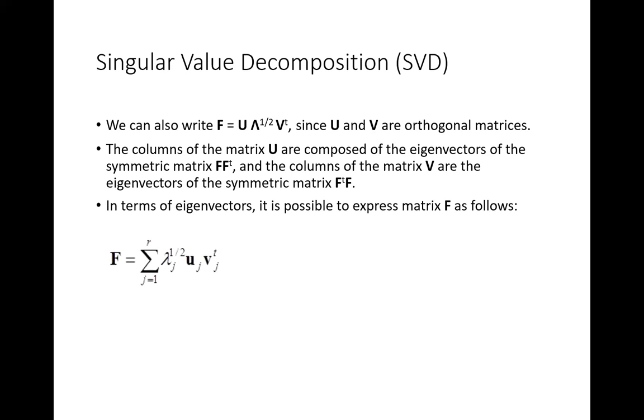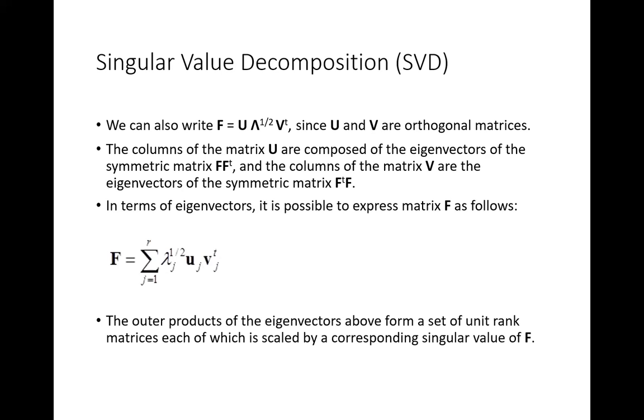These outer products are weighted by the corresponding singular values, or lambda values. These values are called singular values, and that's why this method is called singular value decomposition. The outer products of the eigenvectors form a set of unit rank matrices, which are weighted by the corresponding singular values of F.